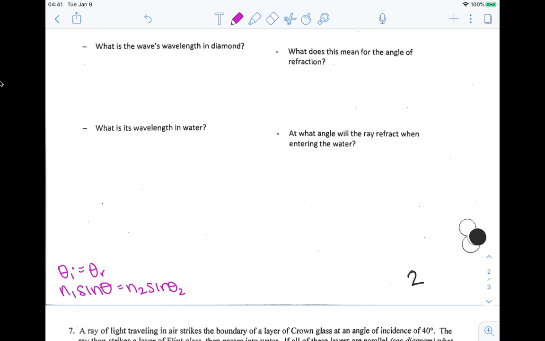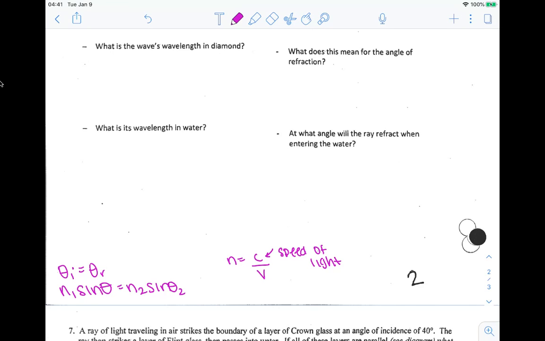And this will help us when we are trying to determine the refracted or incident angle given the materials that we have. We also have a formula in which we can solve for the speed in a given material, and that is n is equal to c over v, where c is the speed of light, which is found on our reference table.